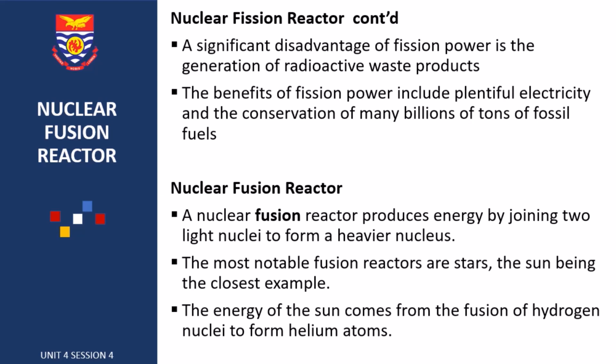Let us shift our attention to nuclear fusion reactors. Nuclear fusion reactors join two lighter nuclei together to form a heavier nucleus. A typical example is the sun, which joins two hydrogen nuclei together to form a helium atom. With the idea of nuclear fusion, it seems the disadvantage associated with nuclear fission reaction is solved.